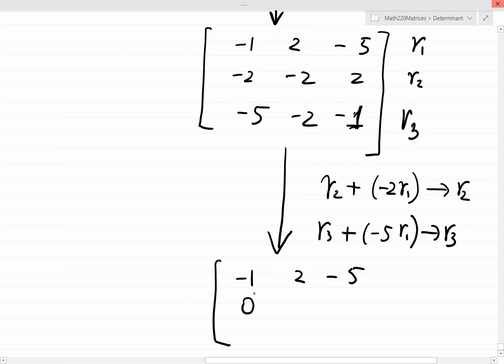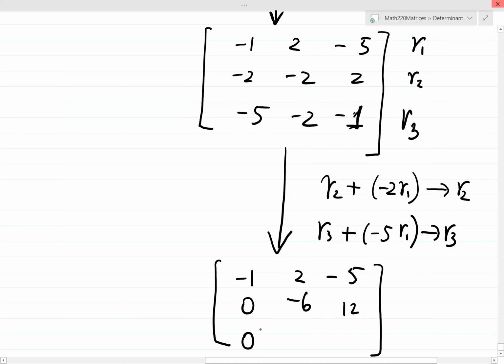So this got a 0. Negative 2 minus 4, so we get negative 6. Then 2 plus 10 is 12. This should be 0.